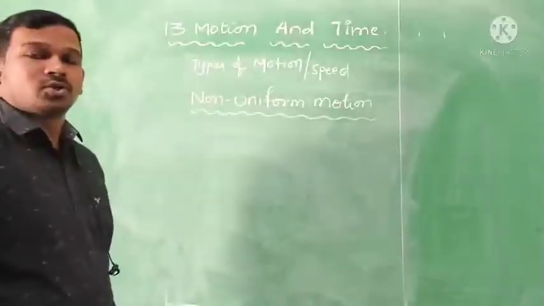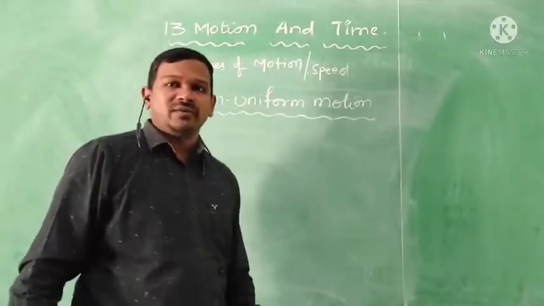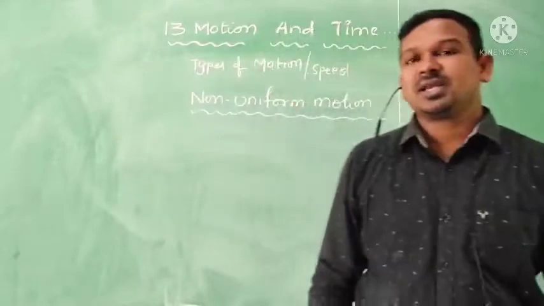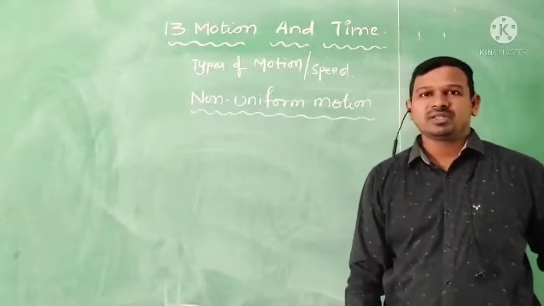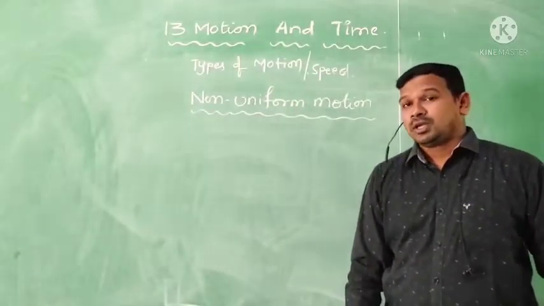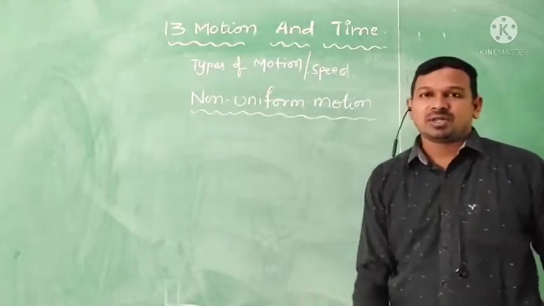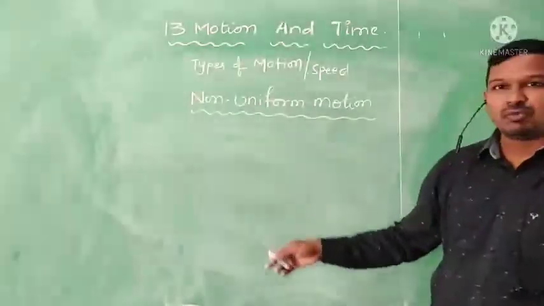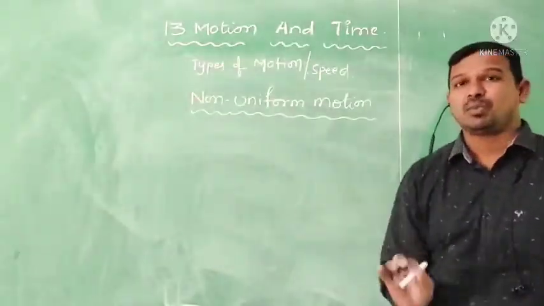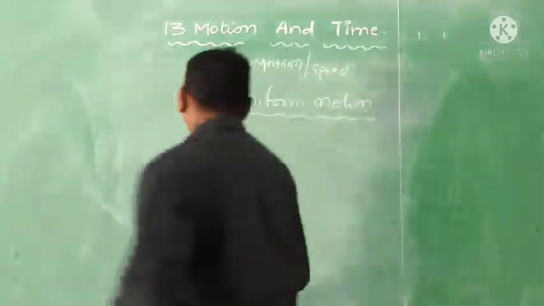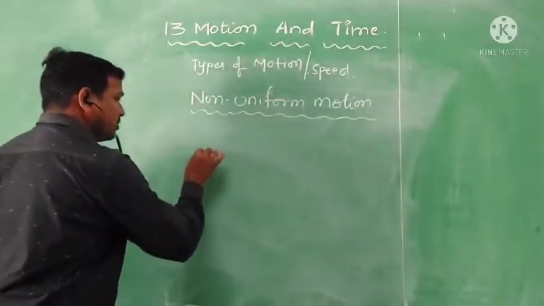Okay, children. As we discussed just now, if a body is covering equal distances in equal intervals of time, then the body is said to be in uniform motion. We gave the example also. Now we are going to discuss non-uniform motion. This is vice versa, opposite to uniform motion. Same situation here also I am taking.